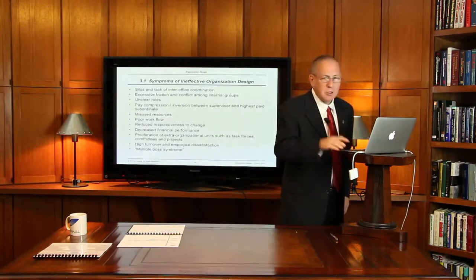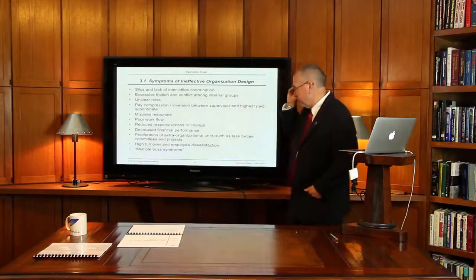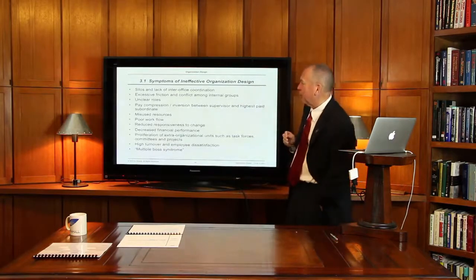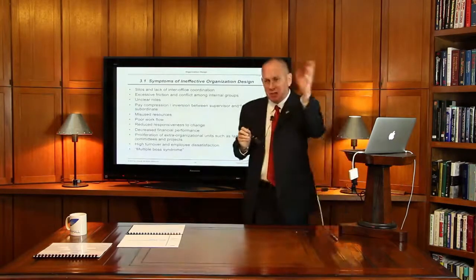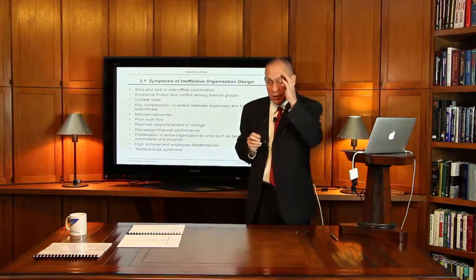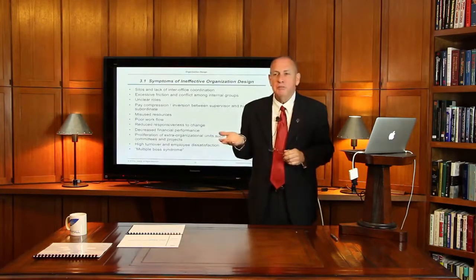So symptoms. You could look at your organization and say, are these symptoms present in my organization? Do you have silos? Is there a lack of inter-office coordination? You may have business processes that cross the organization, going from one department to another, but do your departments talk to each other?